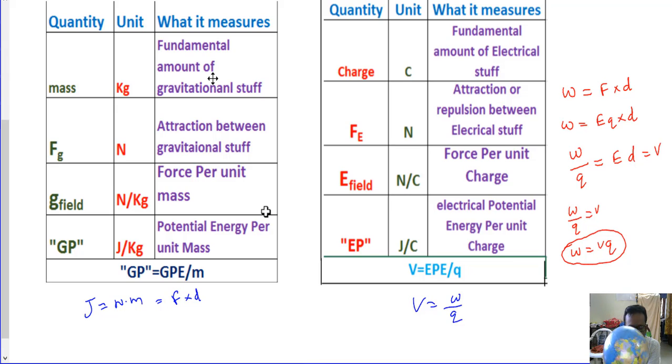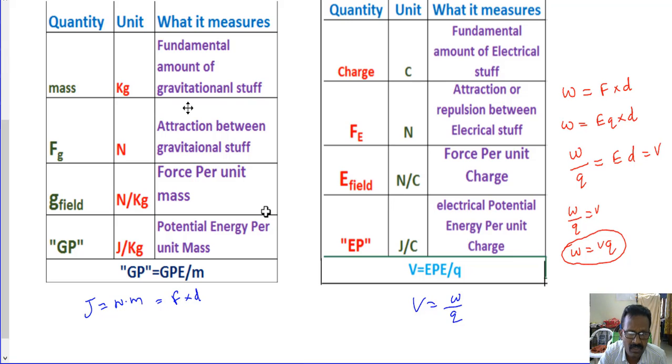Wherever I bring a mass, it will be affected. The attraction will be towards the center of the earth. If you keep a mass like that, it will fall down. It is being attracted. Wherever we keep masses around the earth, it will attract everything.